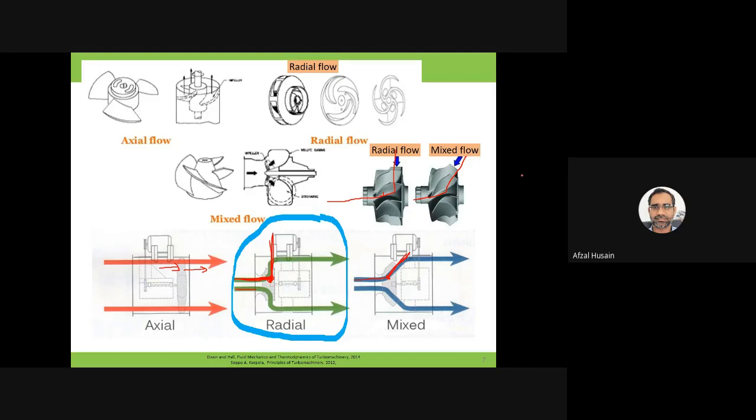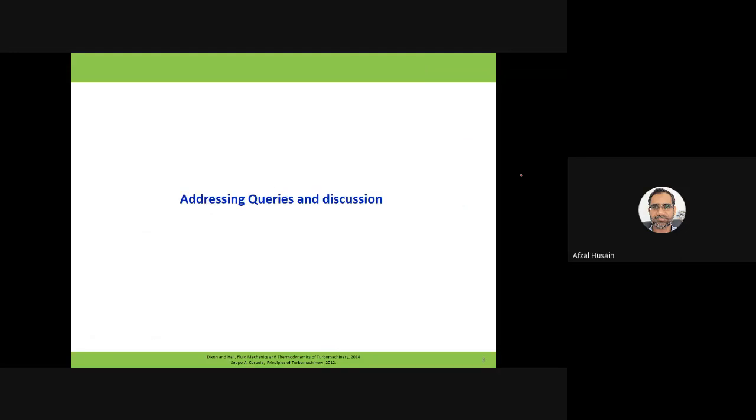Because we want to analyze the forces, how the force is acting on the blade and how the blade is exerting force on the fluid. That makes it easier for us to understand the direction of the forces and the momentum. So from that point of view, this is important. Any questions until now?